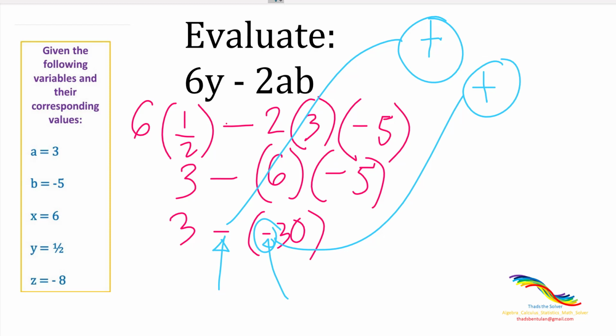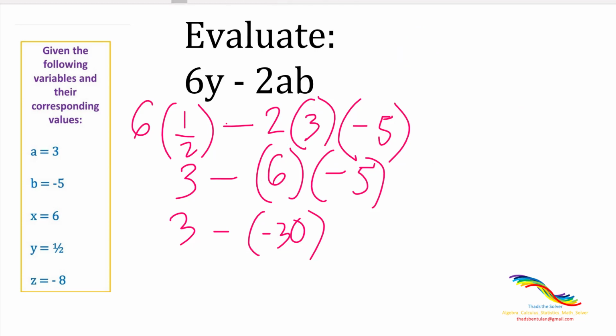A negative of a negative is a positive. So when you actually deduct minus -30, it's actually equivalent to adding +30. All right, let's simplify now. So this is equal to 3 plus 30 equals 33.